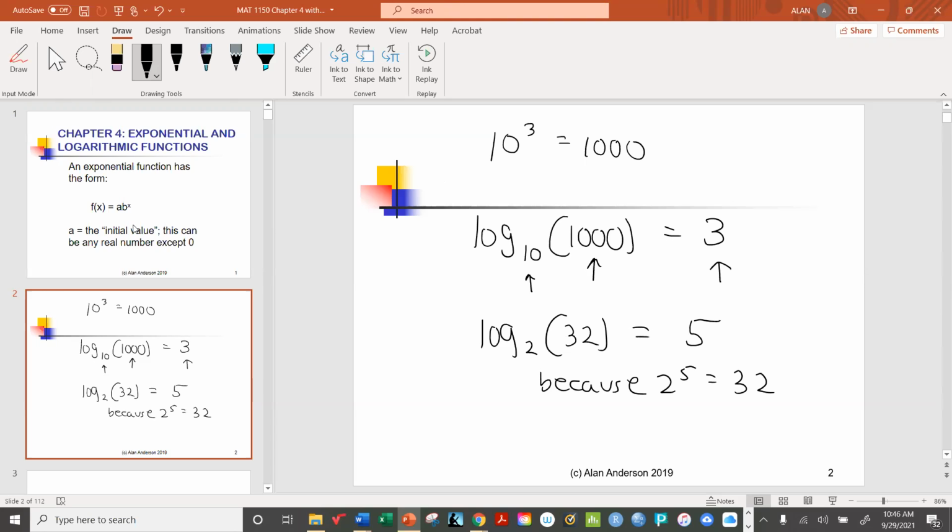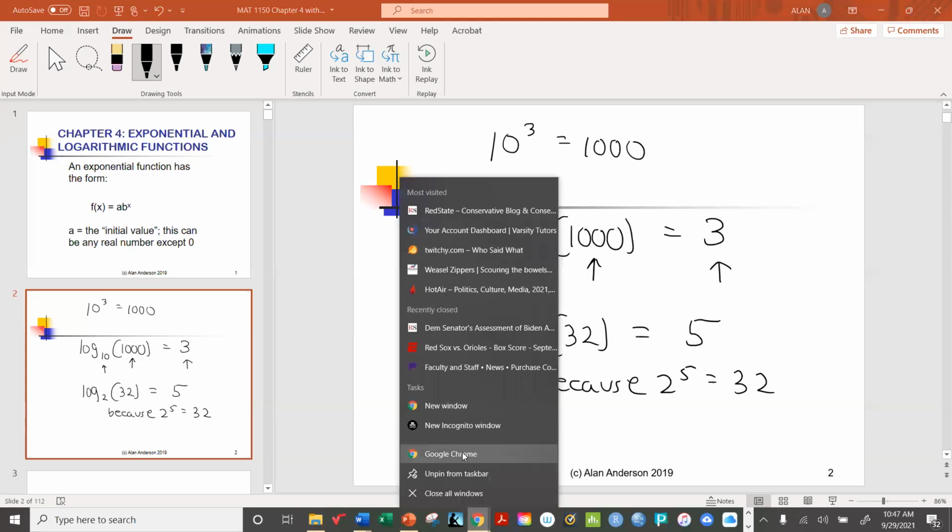Now, I don't know if your calculators are able to do this or not. Many of them cannot. I don't really know why they don't put this in here. If you have one of the big ones, the TI 83, 84 series, it probably can handle this. But anything short of that, I don't believe it has this capability. Let me just check something.